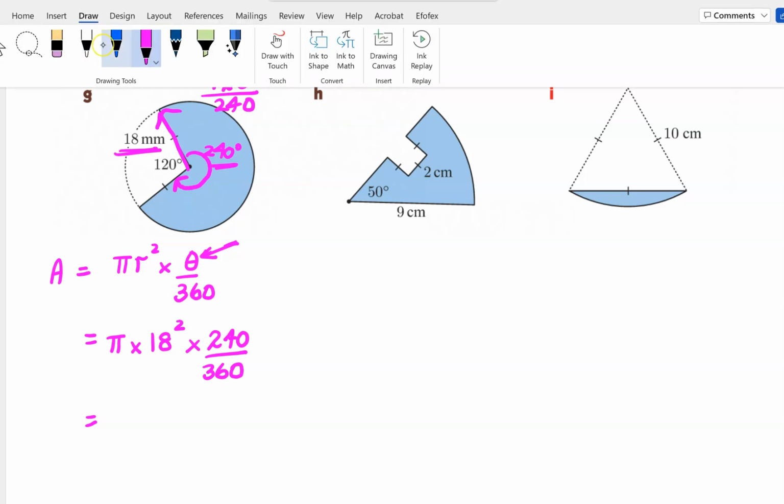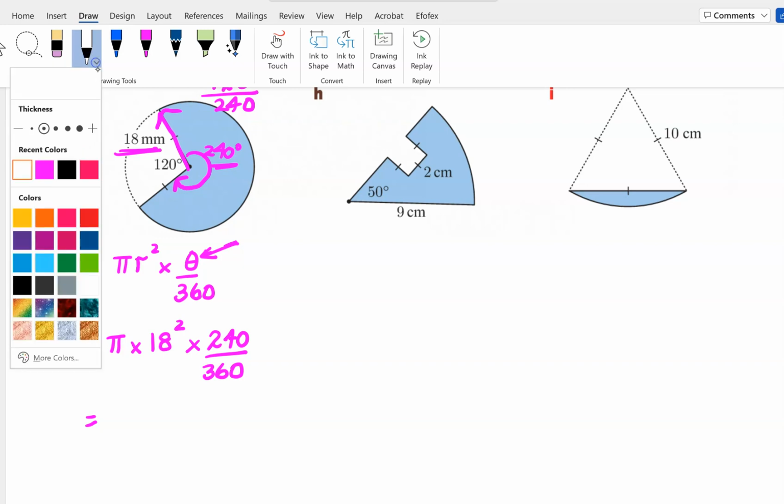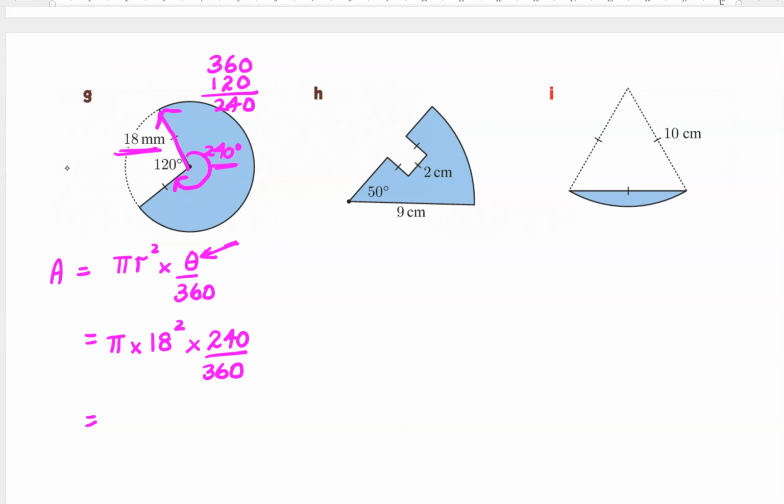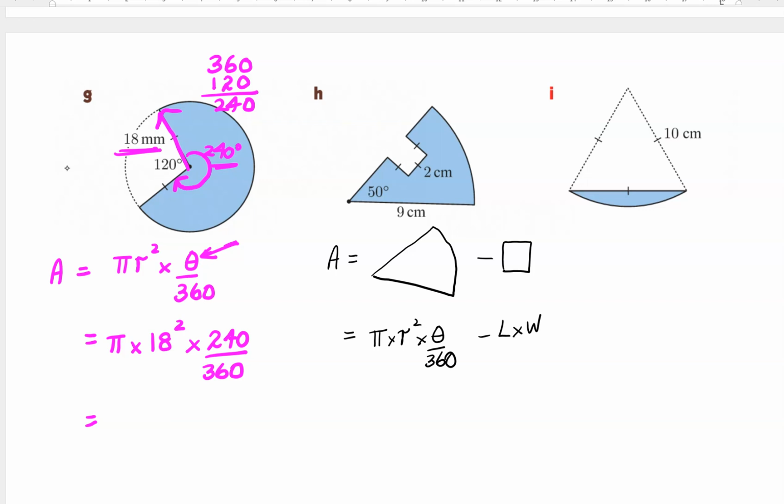And we'll just finish off the second to last one. Okay, hope you can see we have a sector, and then we're going to minus the square. So again, pi times radius squared minus length times width.